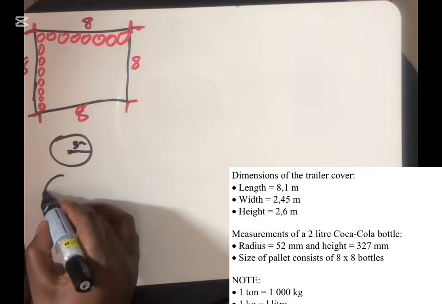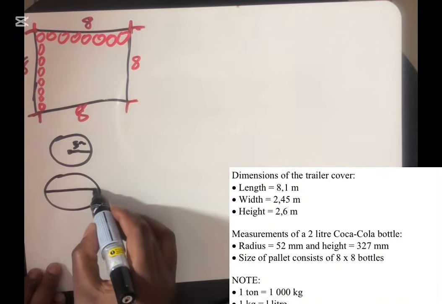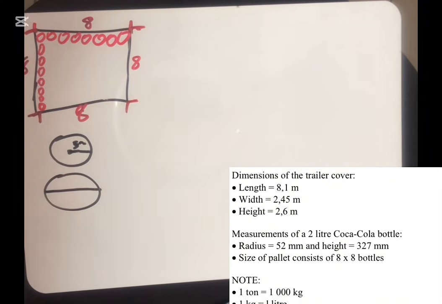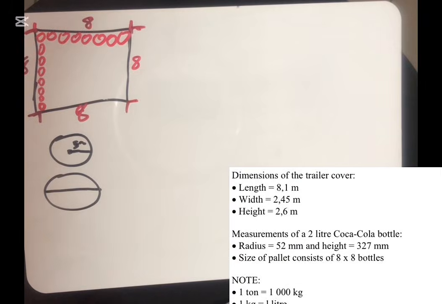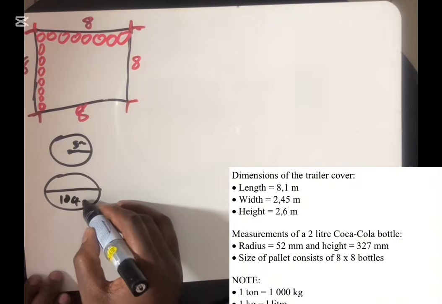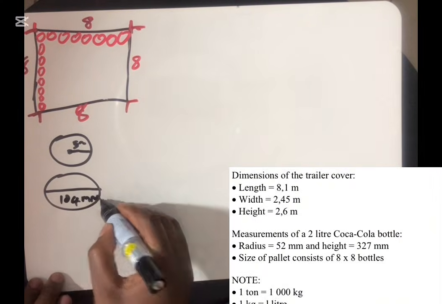And for us to get the diameter, it is going to be 52 plus 52, because you can see this is double of that one. So a diameter is going to be 52 multiplied by 2, which is 104. Not to forget millimeters.